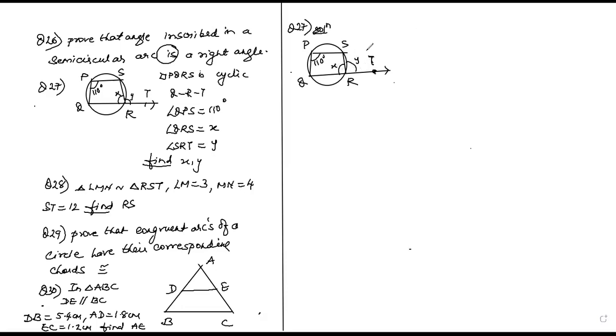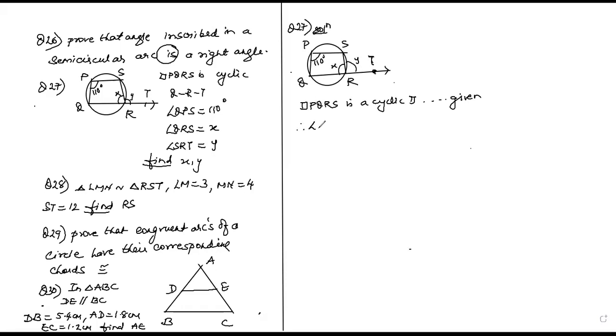You can see here, children, quadrilateral PQRS is a cyclic quadrilateral. I better write it like this first. Now, why did I write this? Because if it is a cyclic quadrilateral, then I can always use the property that opposite angles of a cyclic quadrilateral are supplementary.